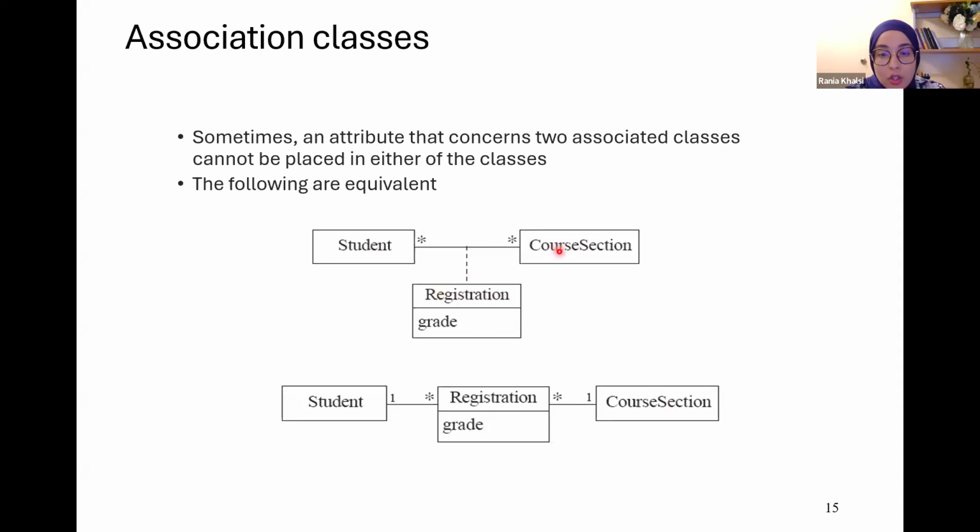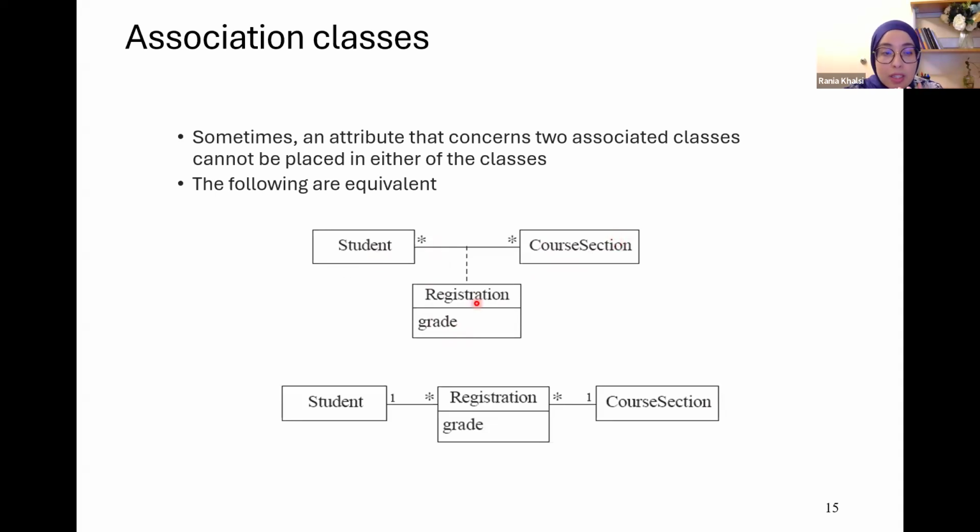Here we can have the association class called Registration, and this makes sense because a student can register, and a student can have a registration. It has the attribute grade, so the student at the end can have a grade in a specific course section, and that grade doesn't exclusively belong to either the Student class or the Course class.